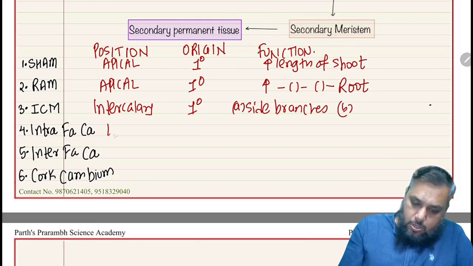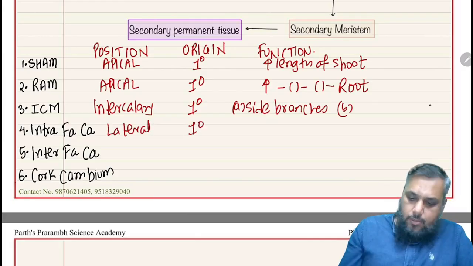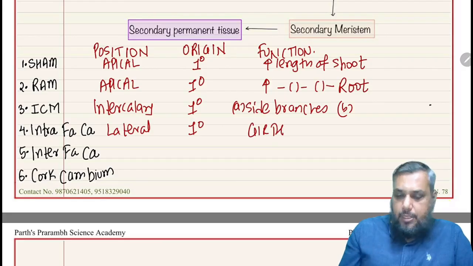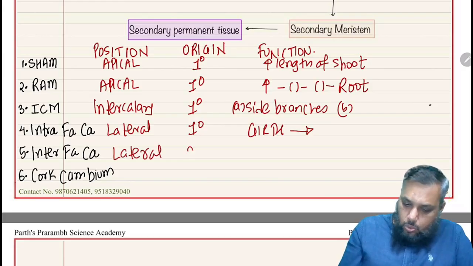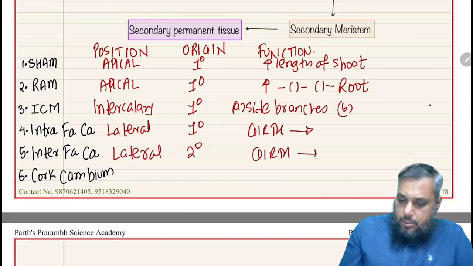Intrafascicular cambium is lateral, with respect to origin it is primary, and it increases the girth or diameter, so it will help in the process of secondary growth. Interfascicular cambium with respect to position is lateral, with respect to origin is secondary, and it increases the girth, helping in secondary growth.